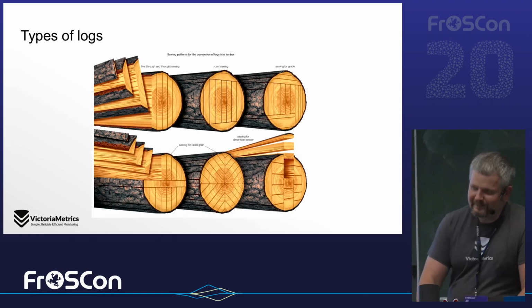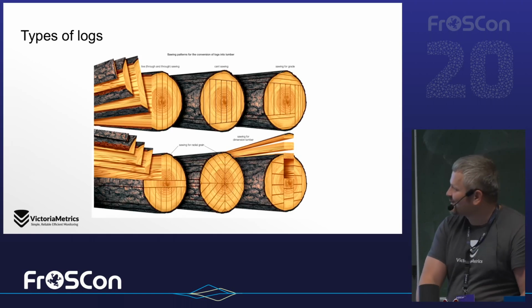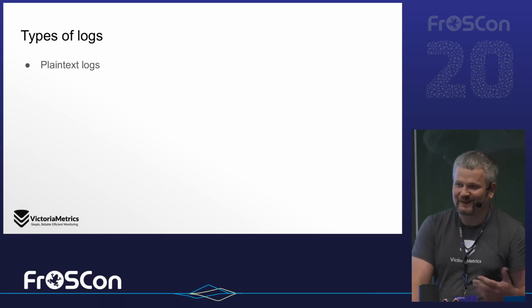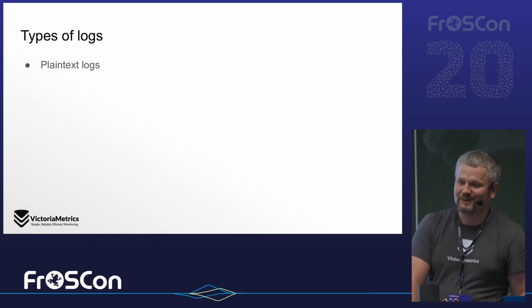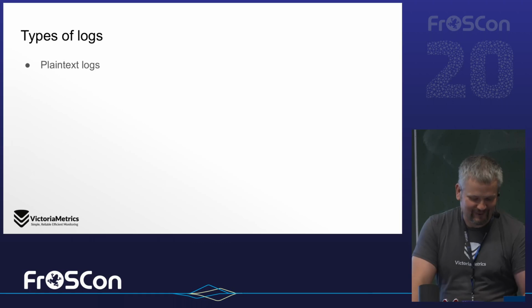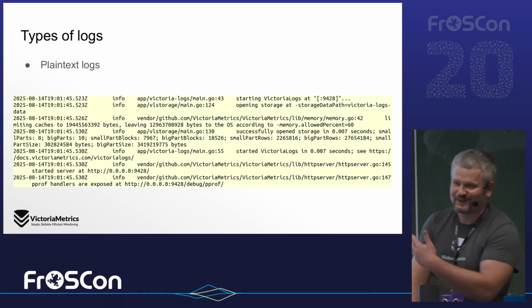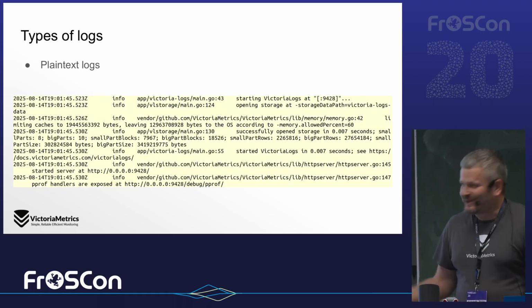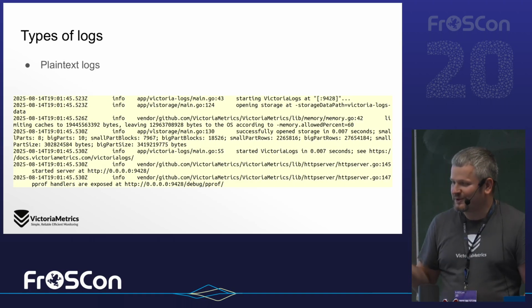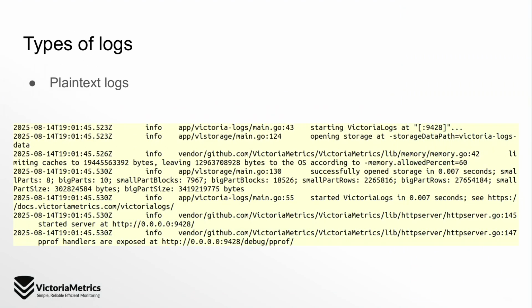There are a few types of logs. The first type is regular plain text logs. I think that the majority of this audience is already familiar with these logs. That's just plain text logs. This is an example which can be generated by any application.